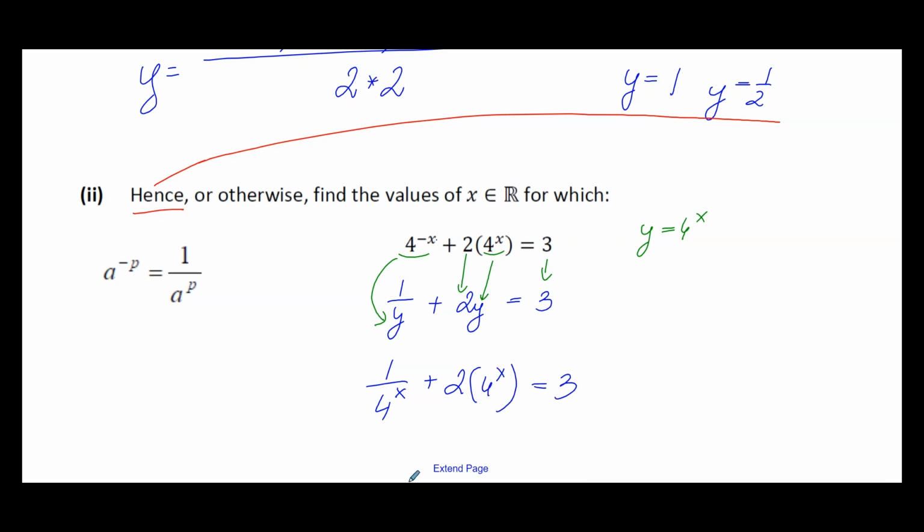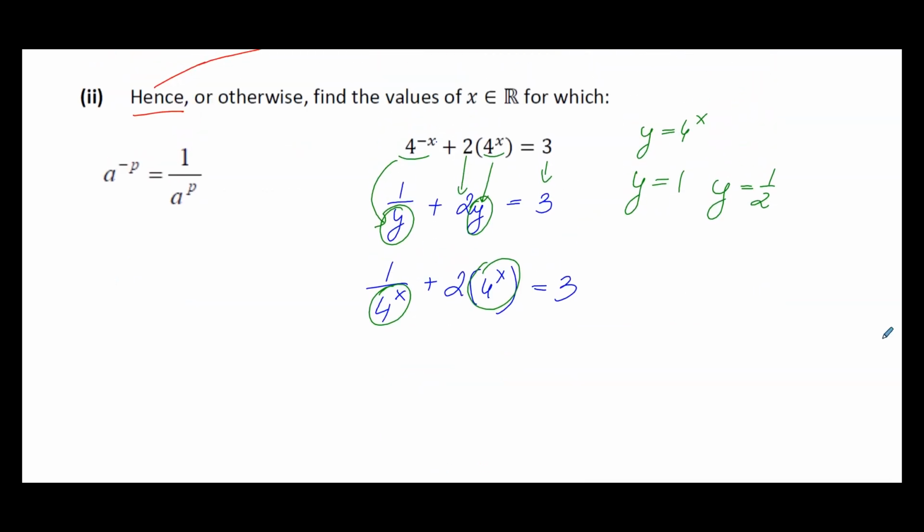So now it is obvious that y became 4 to the power of x. If y is 4 to the power of x, and y is 1 and y is a half, therefore I can conclude that 4 to the power of x equals 1 and 4 to the power of x equals a half.